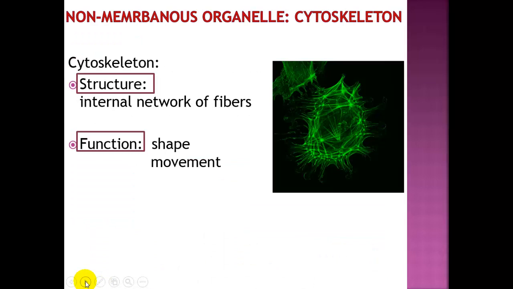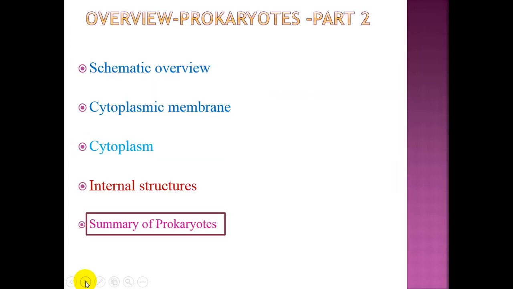The cytoskeleton of prokaryotes is the collective name for all structural filaments. It is the internal network of fibers. The cytoskeleton provides shape and movement. Now, finally, a summary of prokaryotes, part 2, and prokaryotes in general.